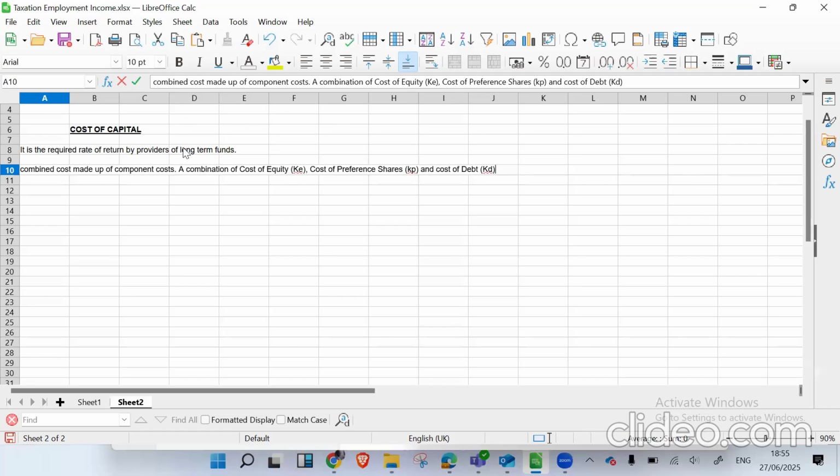So when you talk about the cost of capital, it is a combination of KE, KD, and KP.